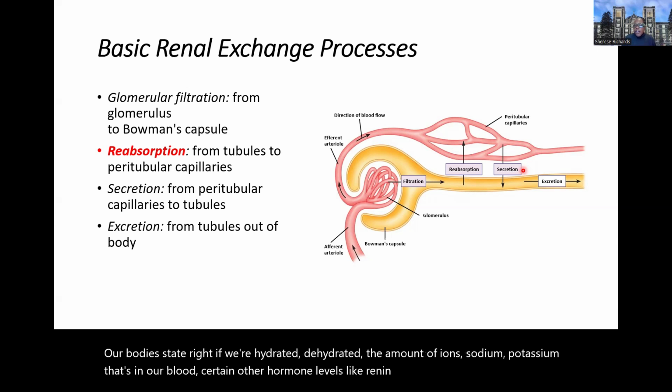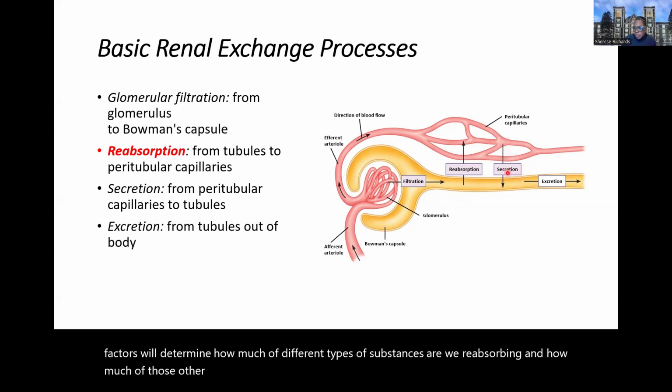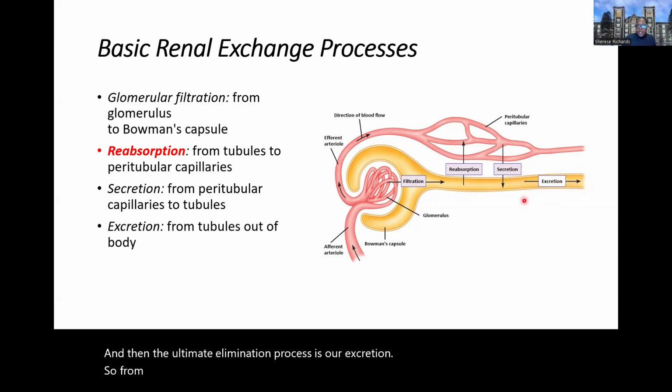So a lot of different factors will determine how much of different types of substances we are reabsorbing and how much of those other substances we need to secrete to be eliminated in the urine. And then the ultimate elimination process is our excretion. So from here on, we send that urine out into the bladder via the ureters, where it can eventually be eliminated through the urethra.